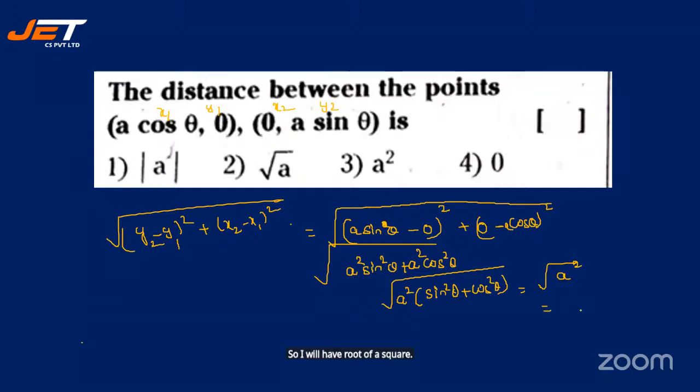When this comes out of the root, it becomes plus or minus a, or rather mod a. So what is plus or minus a? It is nothing but mod a.